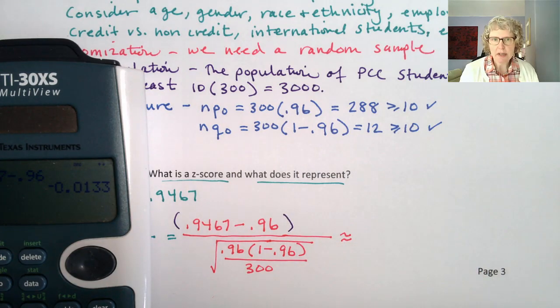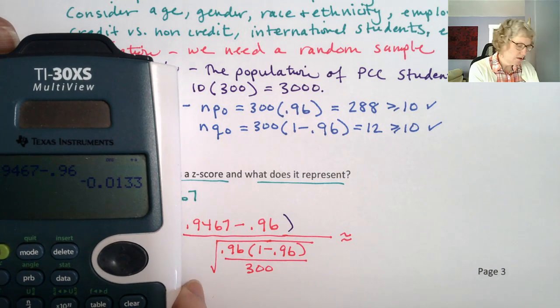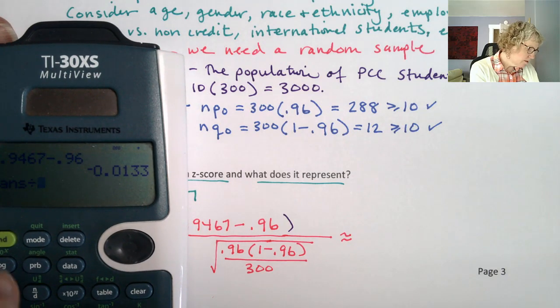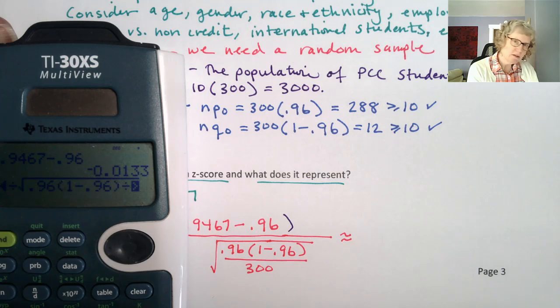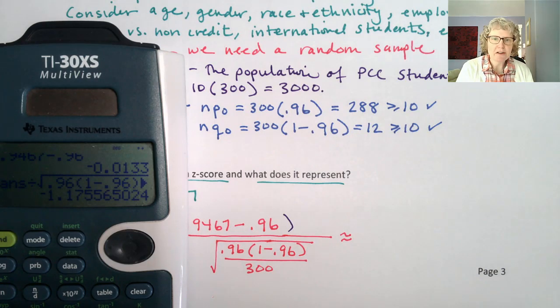We'll also show you this on Desmos probably in the next video, because that's a really great calculator as well, and I want to show you both ways. Now I can divide by the square root. I have to do second square root on my calculator. 0.96 parentheses 1 minus 0.96 close parentheses divided by 300. See how everything is still in the square root? Even though I've closed my parentheses, I'm still in the square root, so make sure you're still in the square root on your calculator.